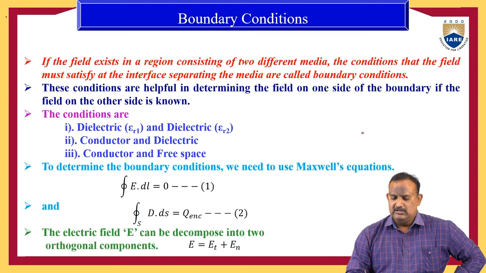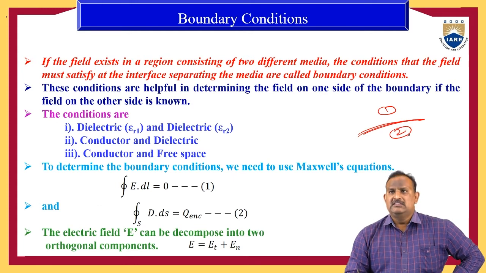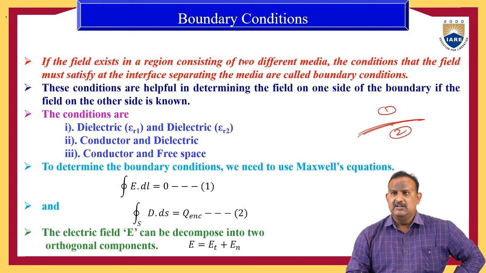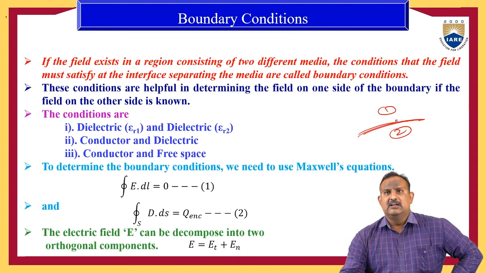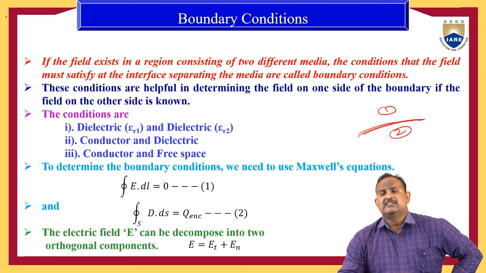So let us assume this is the boundary, with media 1 and media 2. The conditions that must be satisfied at the boundary between the two media are called boundary conditions. These conditions are helpful in determining the field on one side of the boundary if the field on the other side is known.